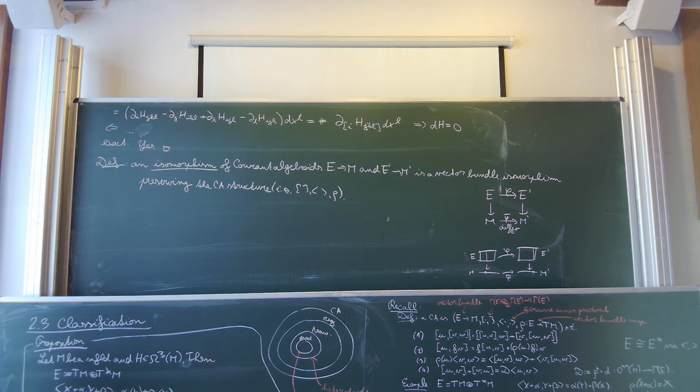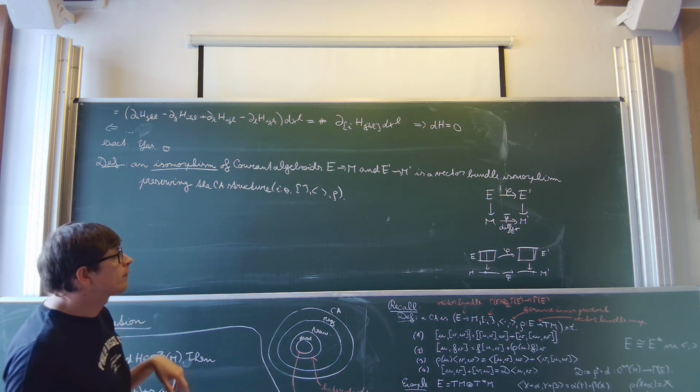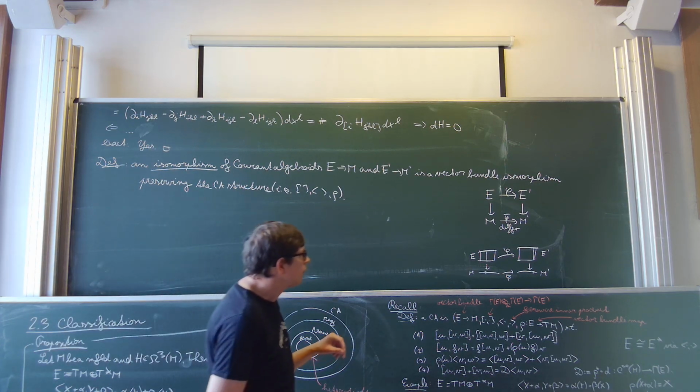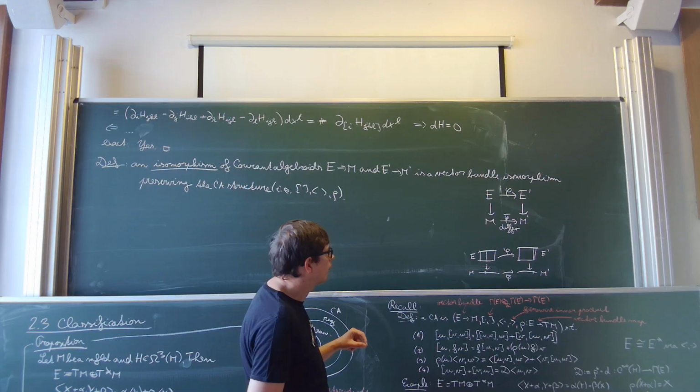Okay, but at this stage, it's probably not very clear why I'm only defining isomorphisms. If we just erase "iso" in that definition, that doesn't even make sense, right? No, it wouldn't make sense. The problem is, for instance, what is the issue there?